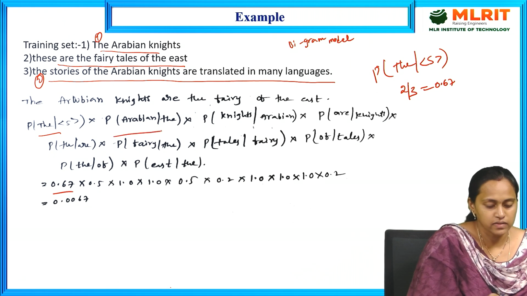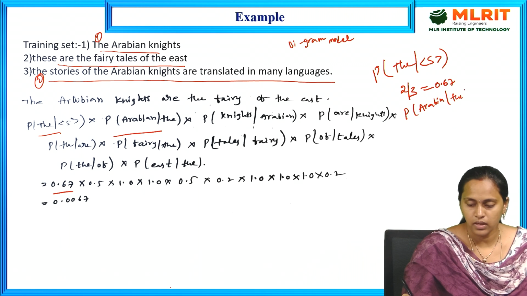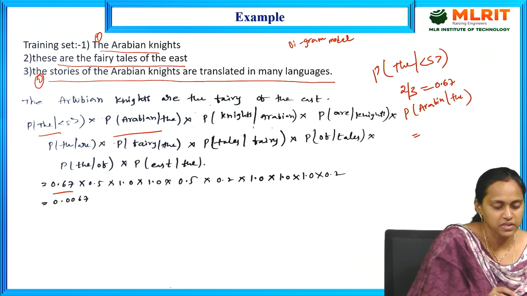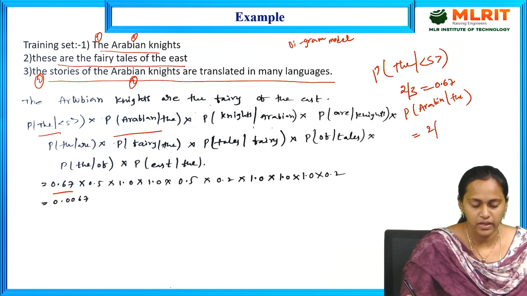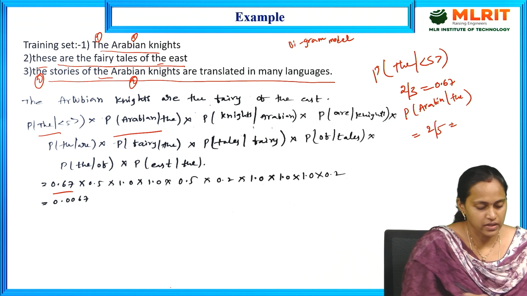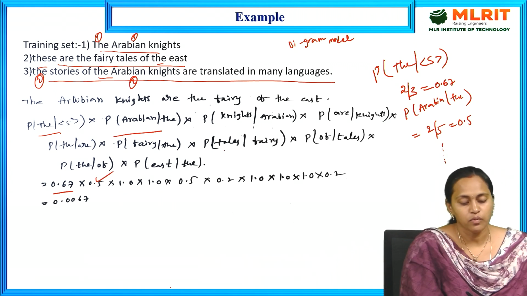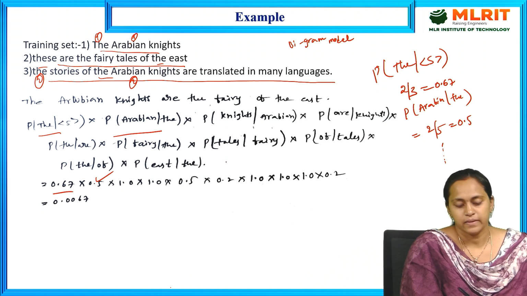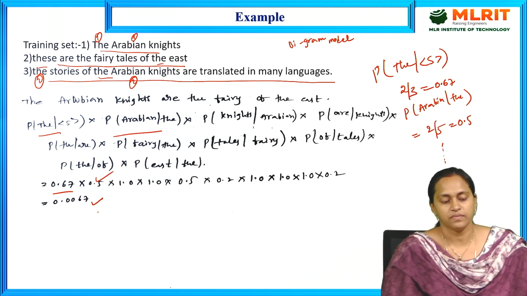Similarly, probability of "Arabian" given "the": "Arabian" occurs after "the" 2 times, and "the" occurs 1, 2, 3, 4, 5 times. So 2 by 5, that is 0.4. Like this, we can find it for all words in a sentence. The probability of this training set is 0.0067.